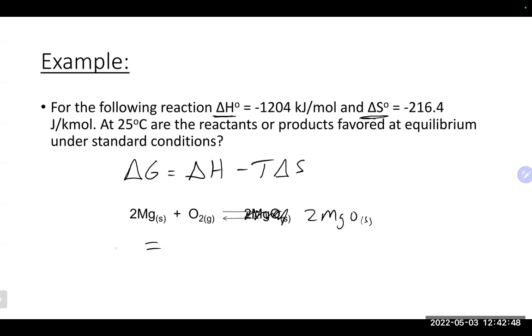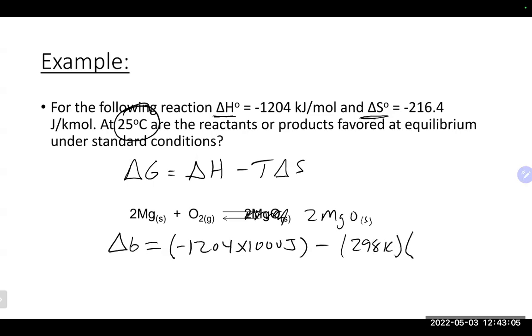So putting in our numbers here, and just like I've been doing, I'm going to convert this first one into joules. So I'm going to multiply it by 1,000. We also obviously want to convert our temperature into Kelvin here. So 273 plus 25 gives us 298. And our S, which would be minus 216.4 joules.